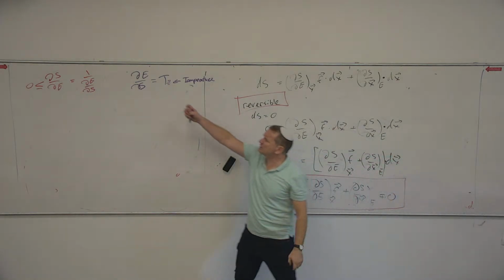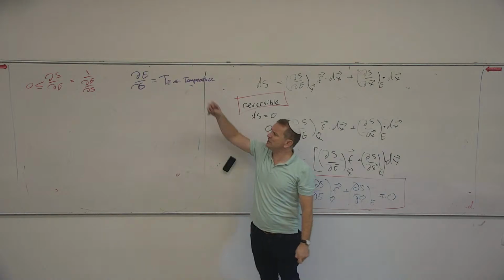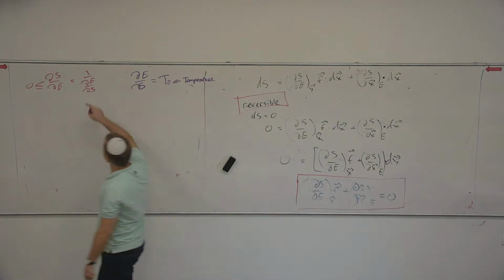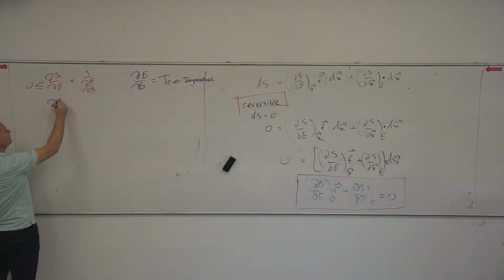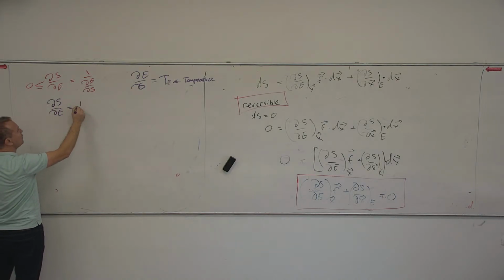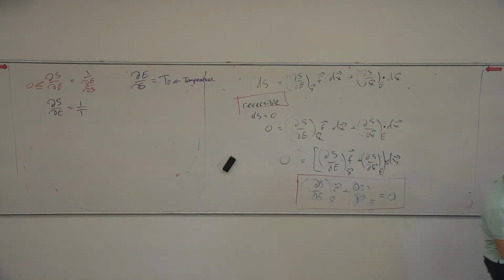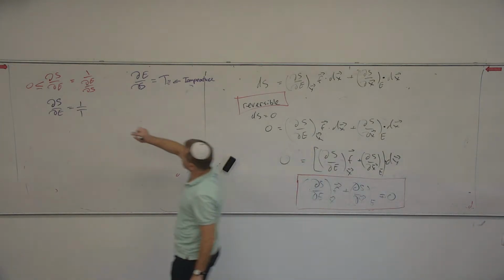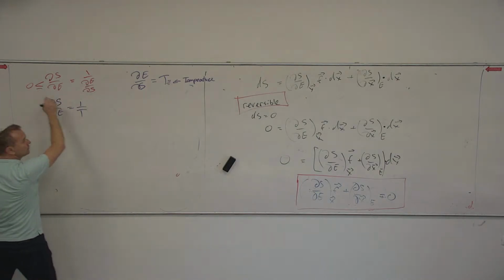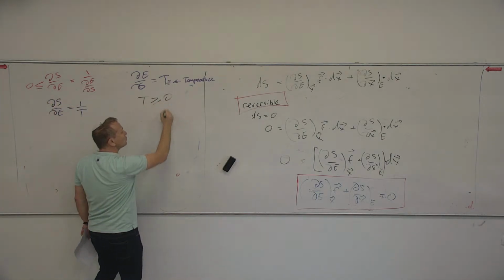But how the energy grows with the entropy is my temperature. So ds/dE is 1 over temperature. Now, since this is greater than 0, my temperature is also greater than 0.